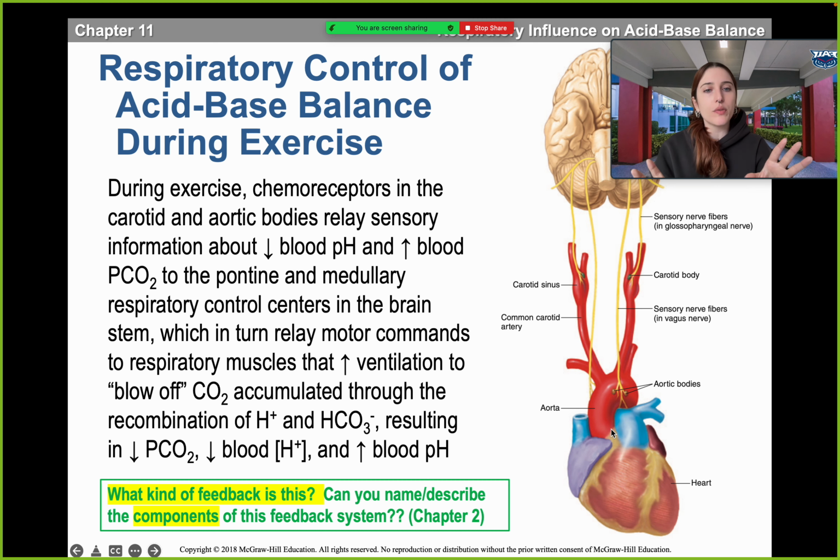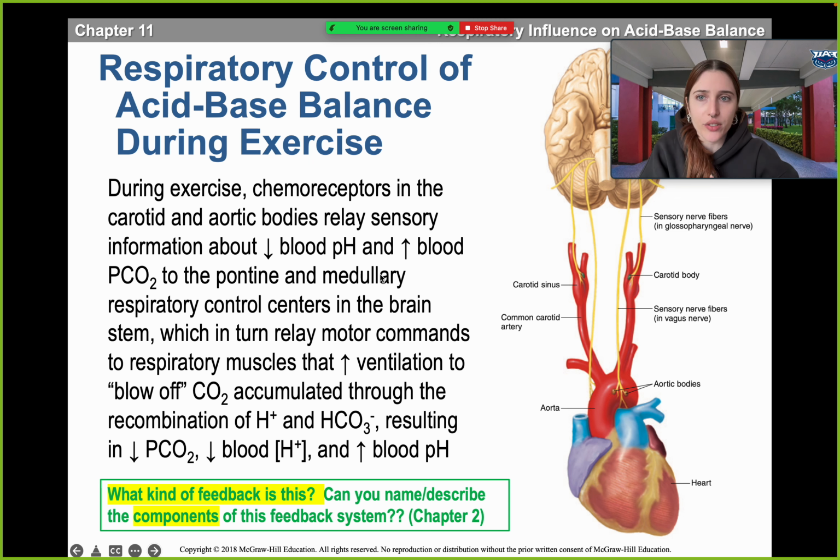Again, we're looking at all of the players. We're going to be looking at the receptors that sense changes in carbon dioxide and changes in pH. We're going to look at where it sends that information over to the brain, the respiratory control center. We're going to see what does it do with that information? What does it tell the respiratory muscles to do, either increase or decrease breathing?